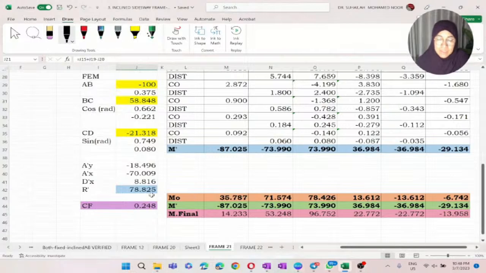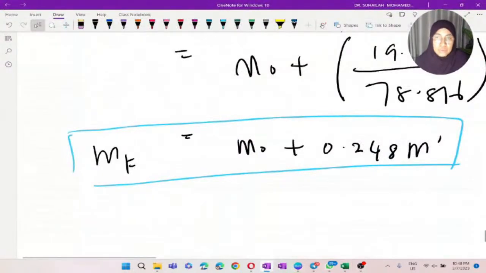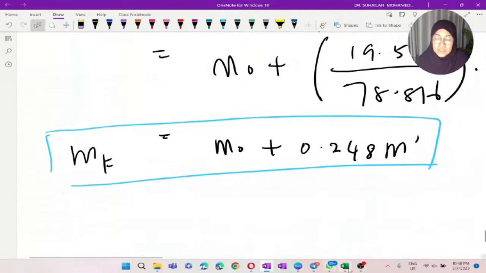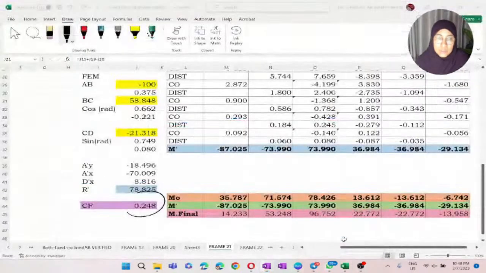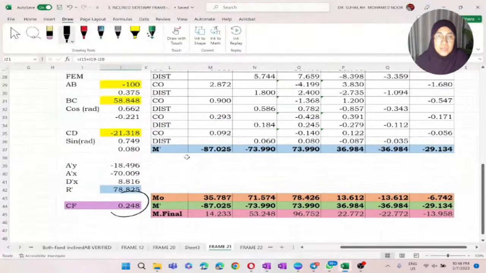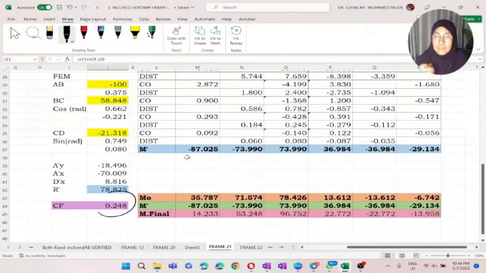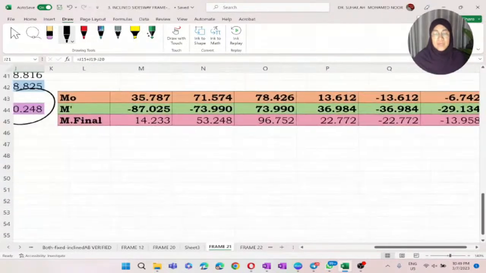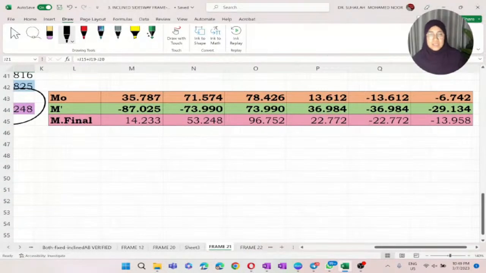Once we have this, we just need to substitute M naught and M prime values. There are 6 positions: AB, BA, BC, CB, CD, DC. So we will get the final end moment as this.